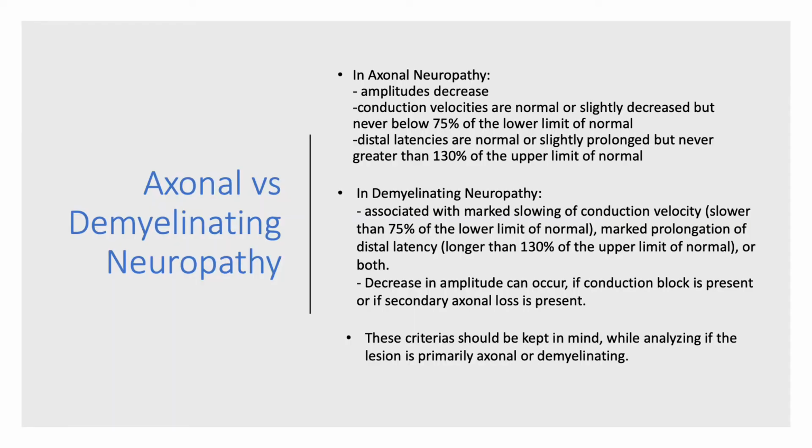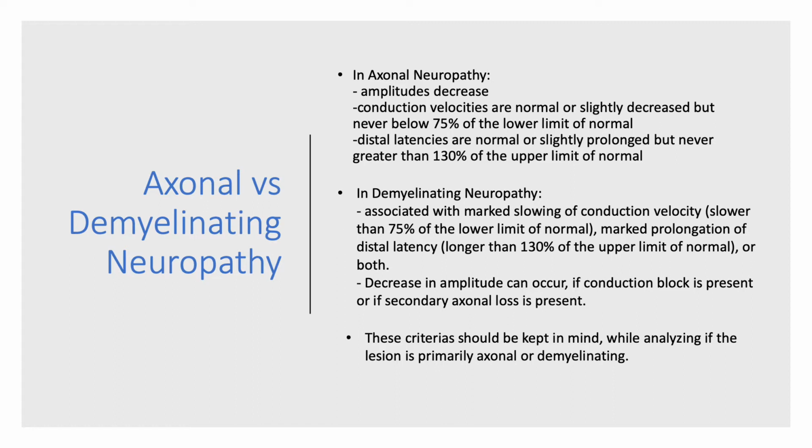In axonal neuropathy, we know that amplitude decreases and conduction velocities are normal, or can be slightly decreased also, but they are never below 75% of the lower limit of normal. And distal latencies are normal in axonal neuropathies, but can be slightly prolonged, but never more than 130% of the upper limit of normal.